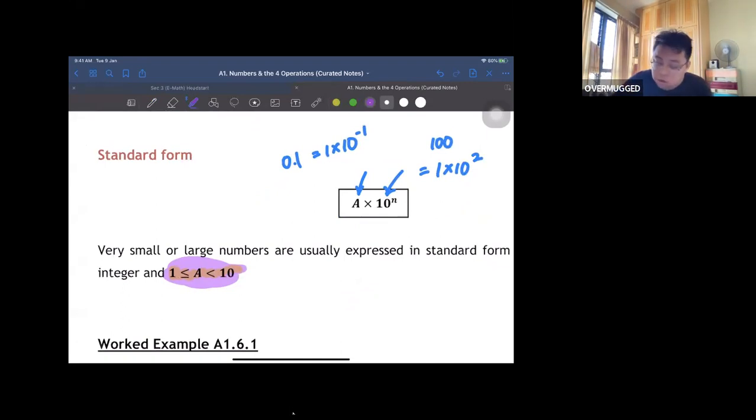So it is mathematically incorrect to write 0.1 times 10 to the power of 2. This is wrong, because the number in front must be between 1 and 10. It can be a decimal, it can be anything, but it must always fall between this range.